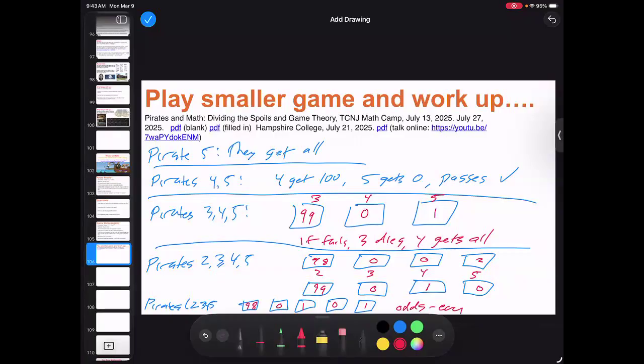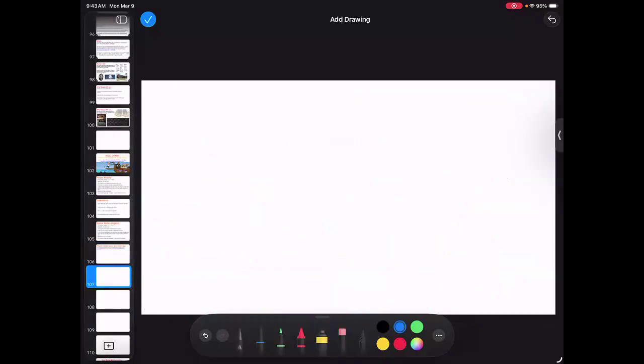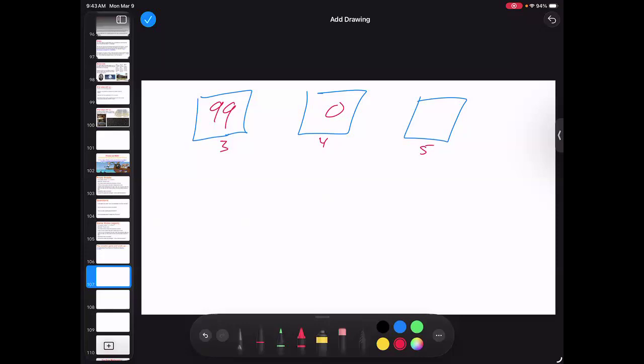Okay. Now let's get to the very interesting proposal that was made, and this depends on how much stones you have. So here is the 3, 4, 5, 99, 0, 1. And now, James, give me a counteroffer.